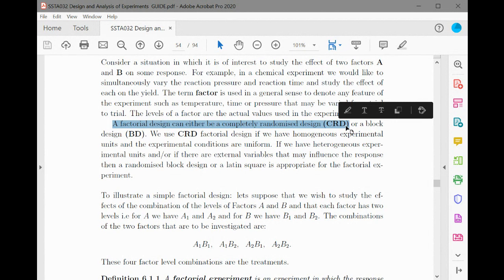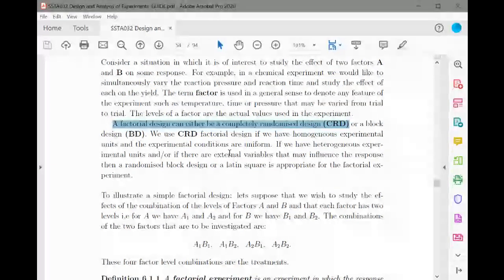So the example that I was giving is in the case of CRD. Again, the conditions are uniform. So here again, we'll be checking what? All the combinations that are happening there. Like what we just did now.